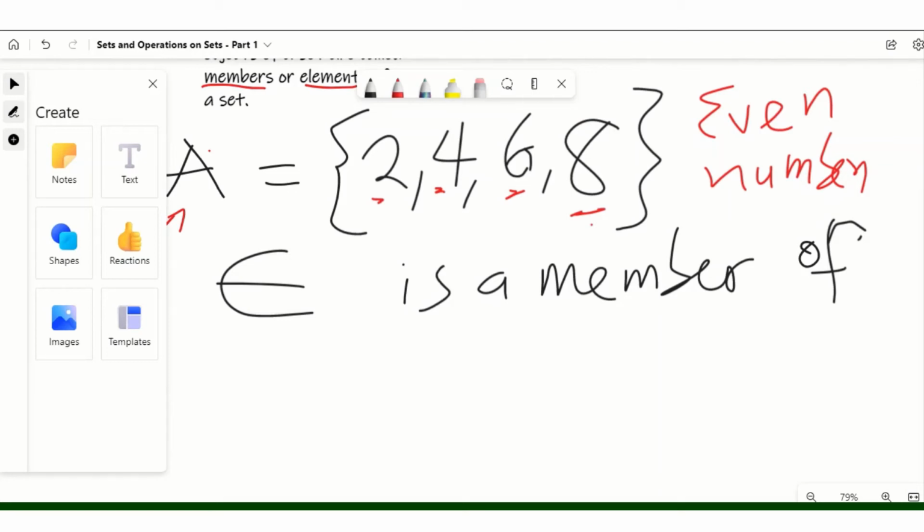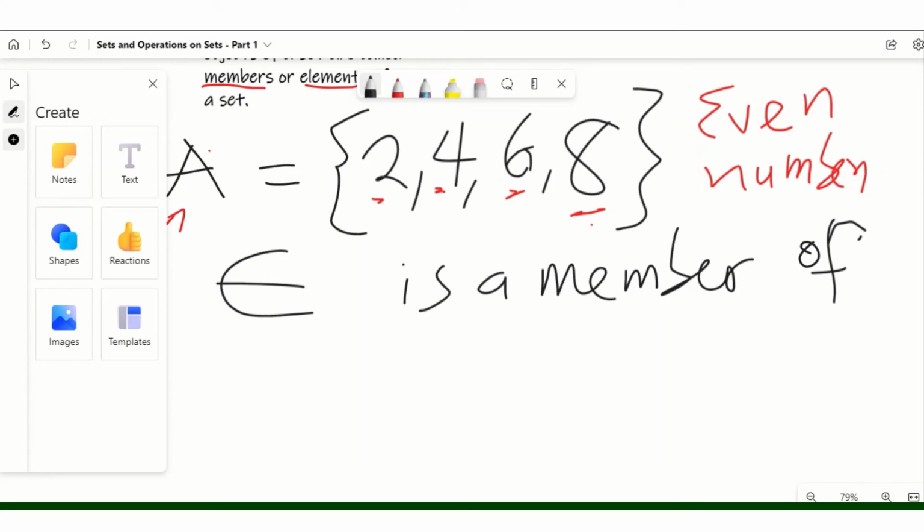Now let's take, for example, our set A: 2, 4, 6, 8. If we want to say that 2 or 4 is a member of the set A, the question is, how do we write it in the set language? This is how we write it.